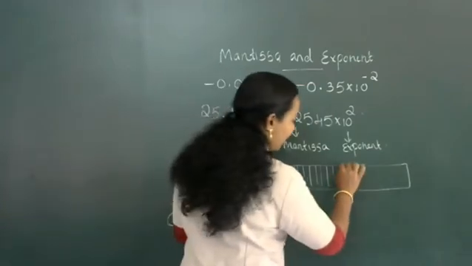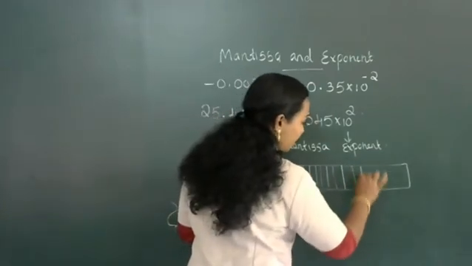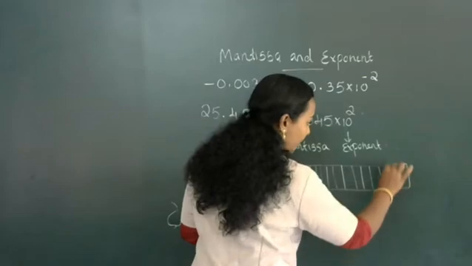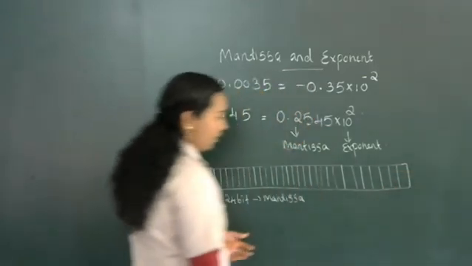So we can write it like this: 1, 2, 3, 4, 5, 6, 7, 8.